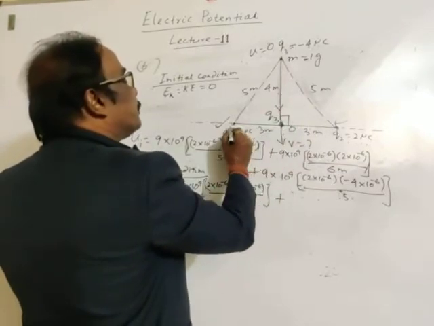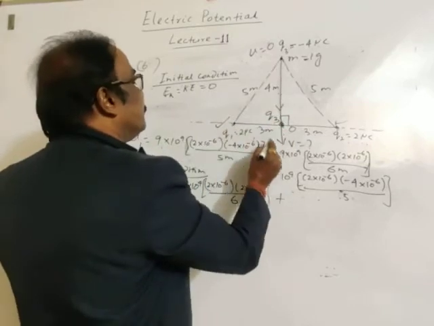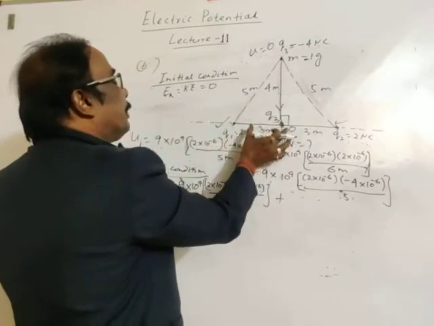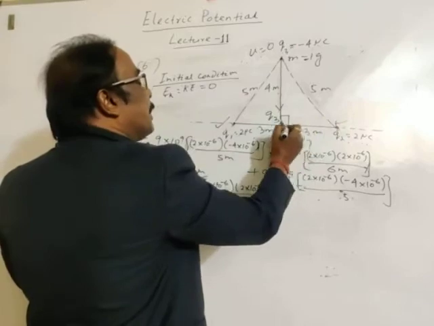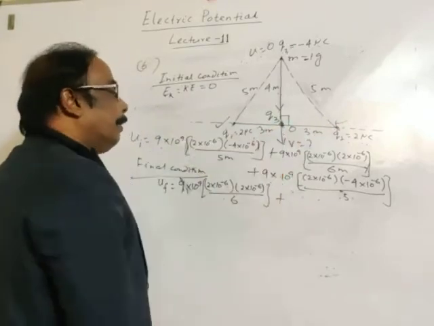Between Q1 and Q3: K Q1 Q3 by 3 meter. Between Q2 and Q3: K Q2 Q3 by 3 meter.